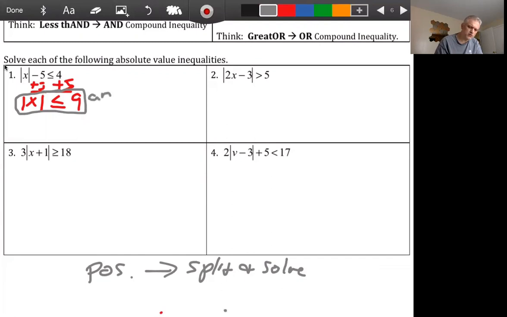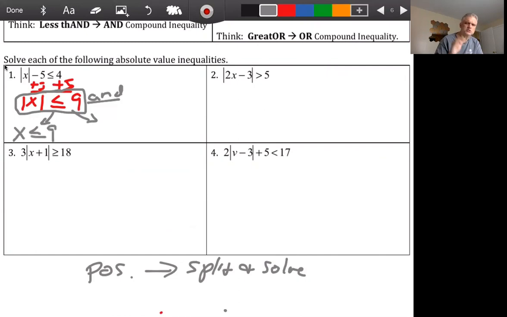Okay? So I know from this right here, once I've isolated the sticks, I know that my little symbol here tells me this is going to be an and in the end. Okay? Now, there's a few steps in here, so keep them straight. All right, because it was a positive 9, we're going to start with x, just like it's written there.